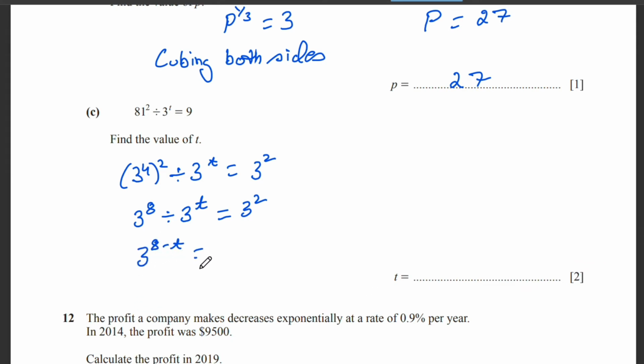Now since in division powers are subtracted, this will be 3 to the power 8 minus t equals 3 to the power 2. Now since the bases are same, we can equate the powers. So 8 minus t equals 2. So taking 2 to the left side, t to the right, this will be 8 minus 2 equals t. That means t equals 6. So the answer is 6.